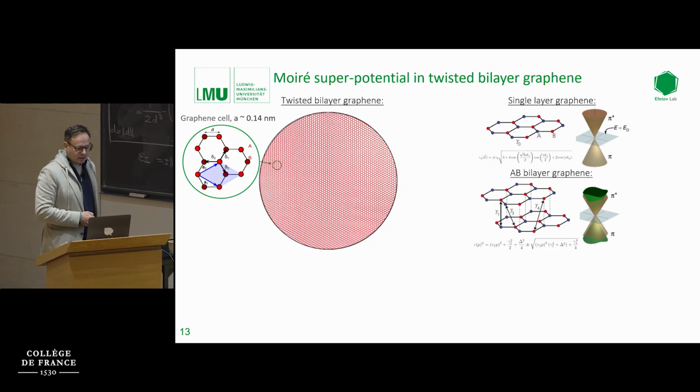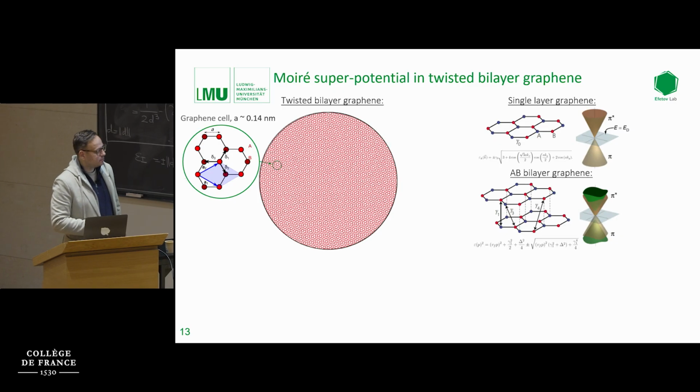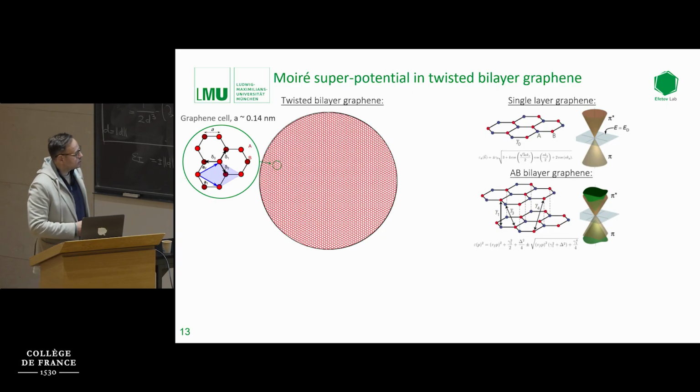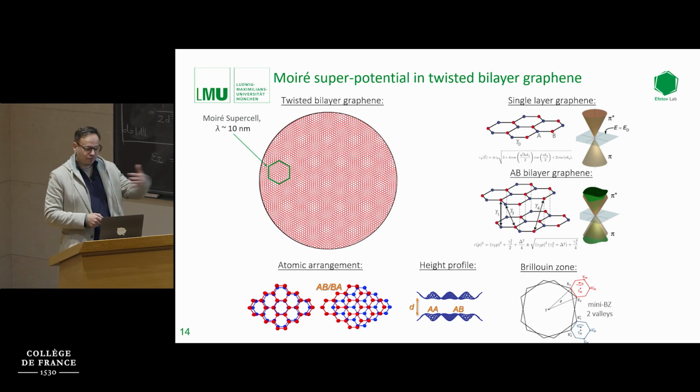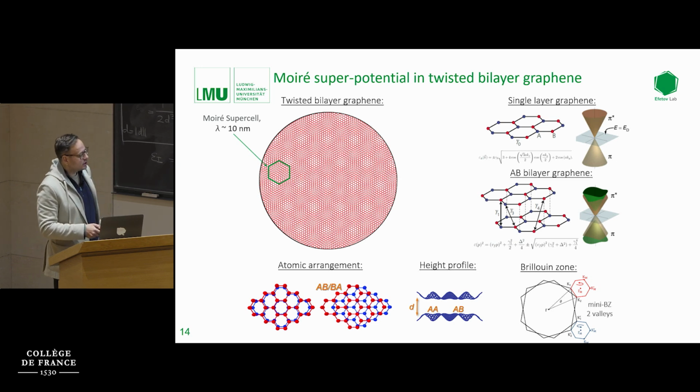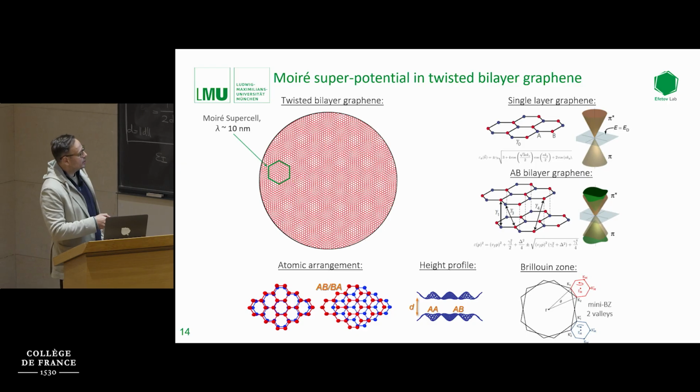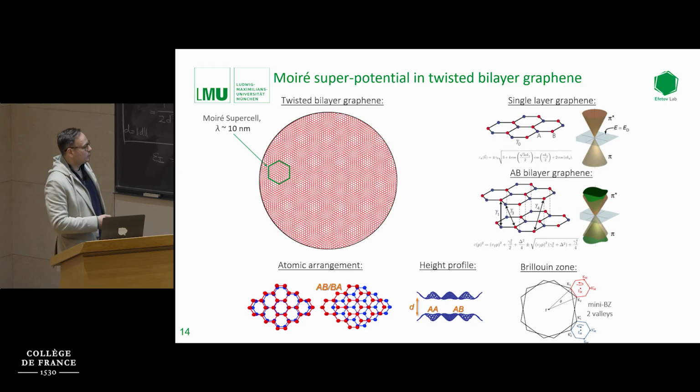Okay, and so if we now start twisting the material, what we achieve is some sort of oscillation, a length scale over which these hopping parameters vary. Whereas in AB bilayer these hopping parameters are set for the entire size of the device, in these twisted materials they vary spatially with the periodicity of the Moiré superpotential.